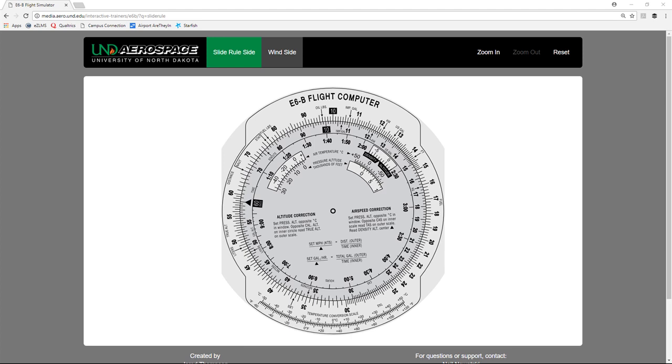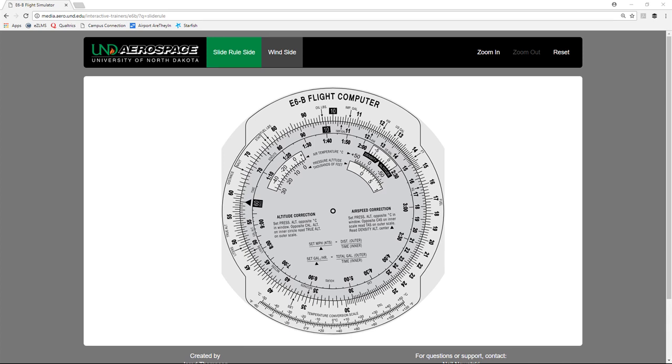But as we get into very cold temperatures, let's say minus 25, minus 30, minus 40 degrees, that temperature can have a significant effect on your altimeter. So while your altimeter may be indicating that you are at a true altitude of 3,000 feet, you may actually be much lower than that.